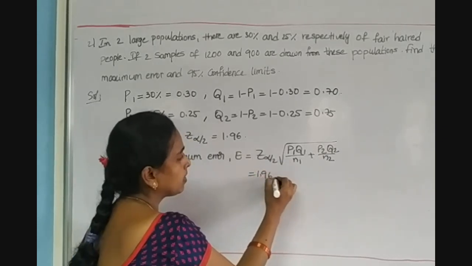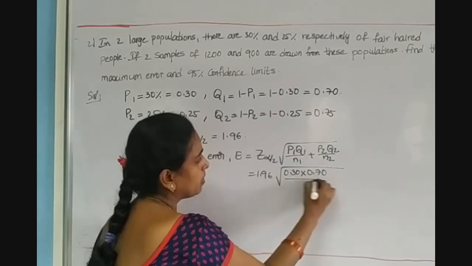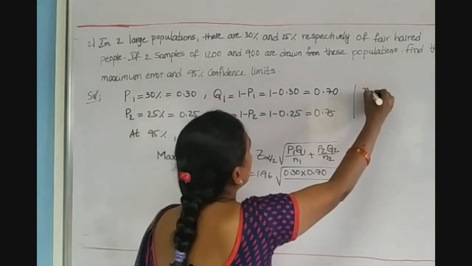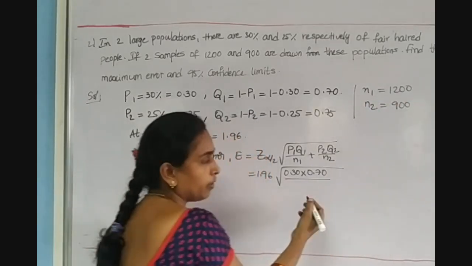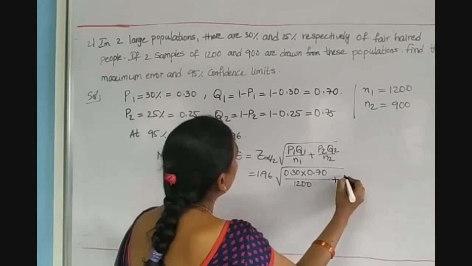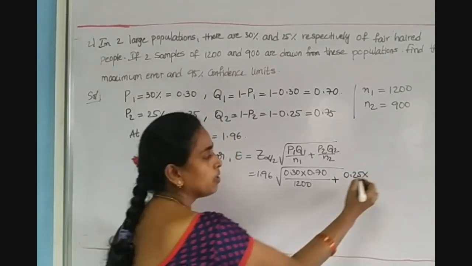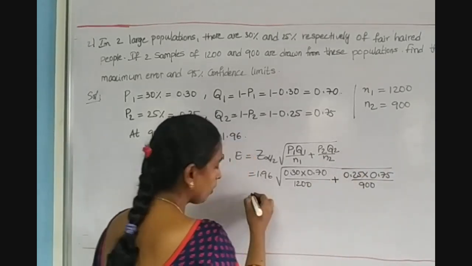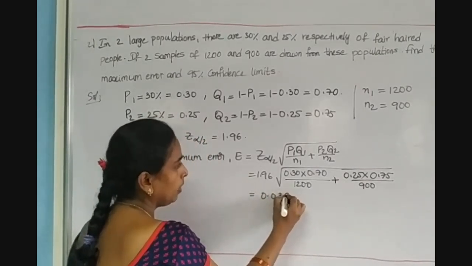That is 1.96 into square root of 0.30 into 0.70 by N1, which is 1200, plus P2, 0.25, into Q2, 0.75, by N2, which is 900. Which is equal to 0.0384.